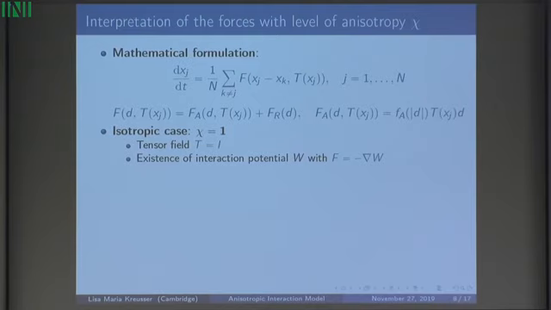In the isotropic setting, you can regard forces as the sum of attractive forces and repulsive forces, where the attractive force is of the form coefficient function times T D. And if you're in the isotropic setting, this can basically be regarded as the tensor field being equal to the identity matrix.